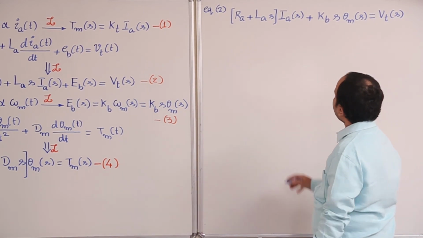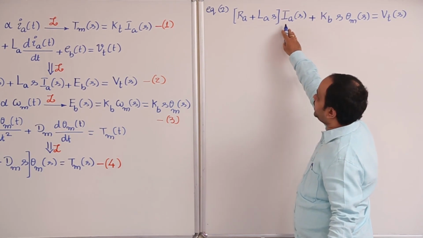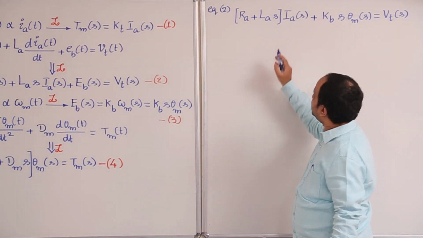Next, by using equation number 1, I can eliminate this Ia of S. How can I write?